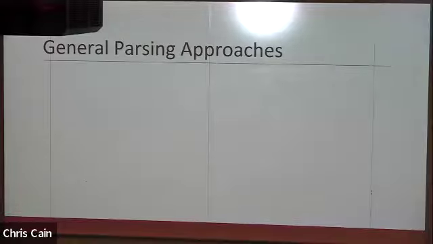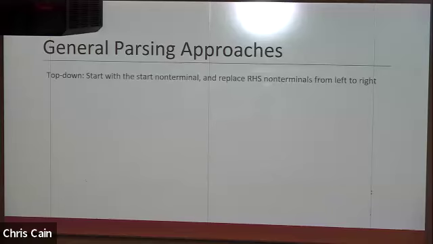So we're going to talk about parsing kind of at a high level for a bit, and then we're going to dive into the weeds. In general, two main ways you can parse. You can start top down. So this says we start with the start non-terminal and we search through the grammar. This is exactly what we've done so far.